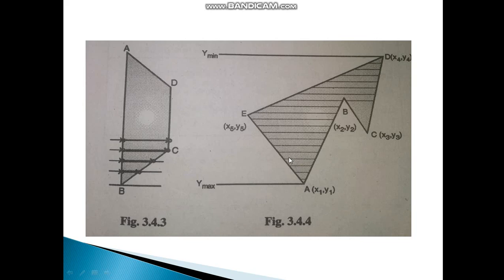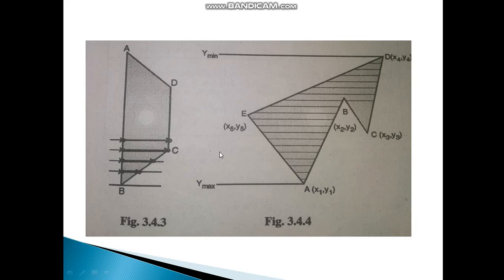Similarly for edge AE also. After finding the intersection points, join them by a solid line. If the scanline goes below the y min of either of these two edges, then discard that edge and select the next edge from the sorted table and continue the process.